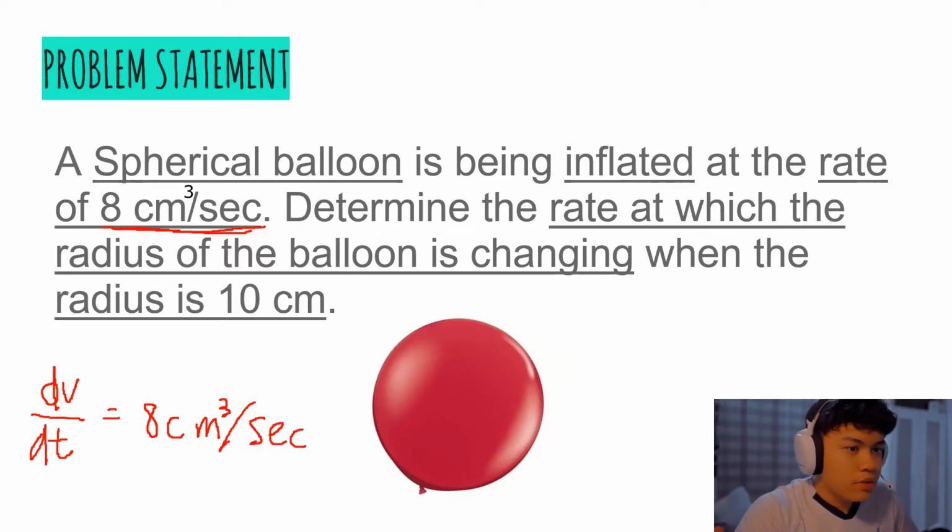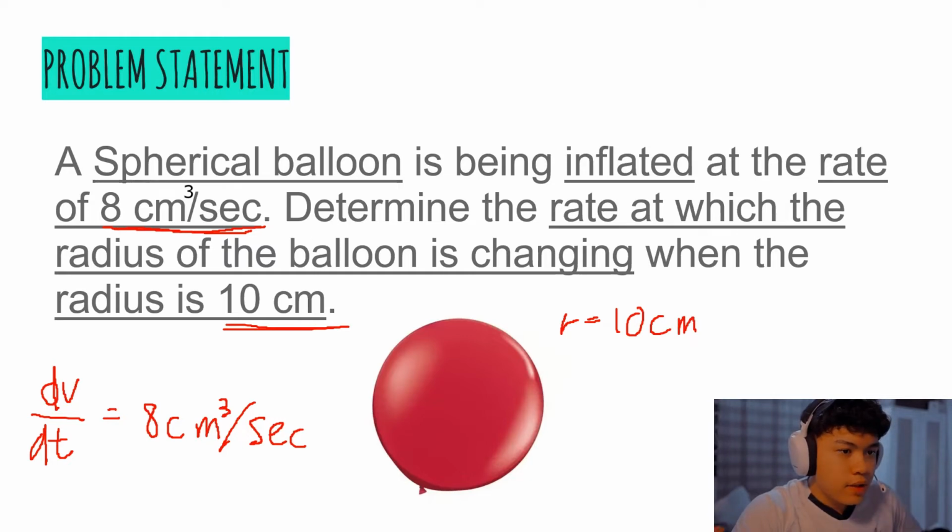Also from the question, we can see that the radius is 10 cm, so I'll write down the radius is 10 cm. What is left is the rate of change of the radius itself, the rate at which the radius of the balloon is changing, which is dr over dt.